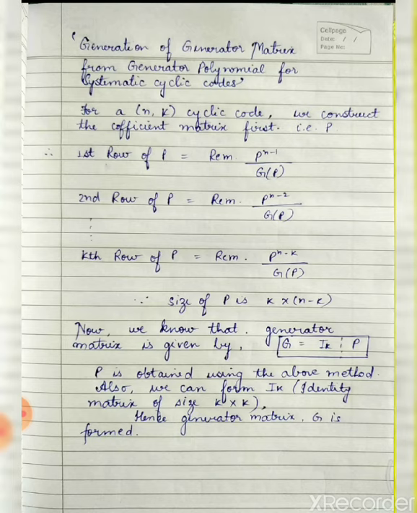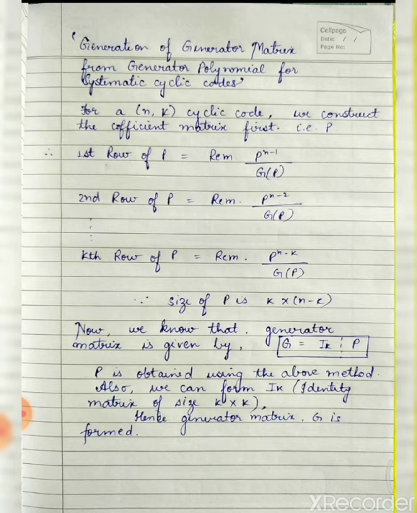For matrix building we do not need polynomials, we need bits. So the remainder which is coming in polynomial form needs to be converted into bits form. Then similarly we can take out the third row of P, fourth row of P.